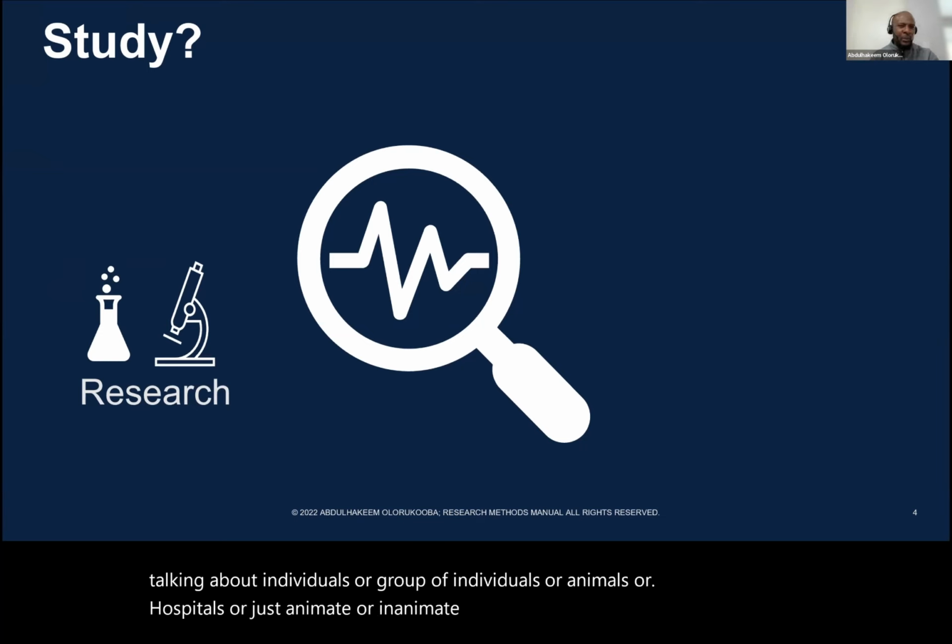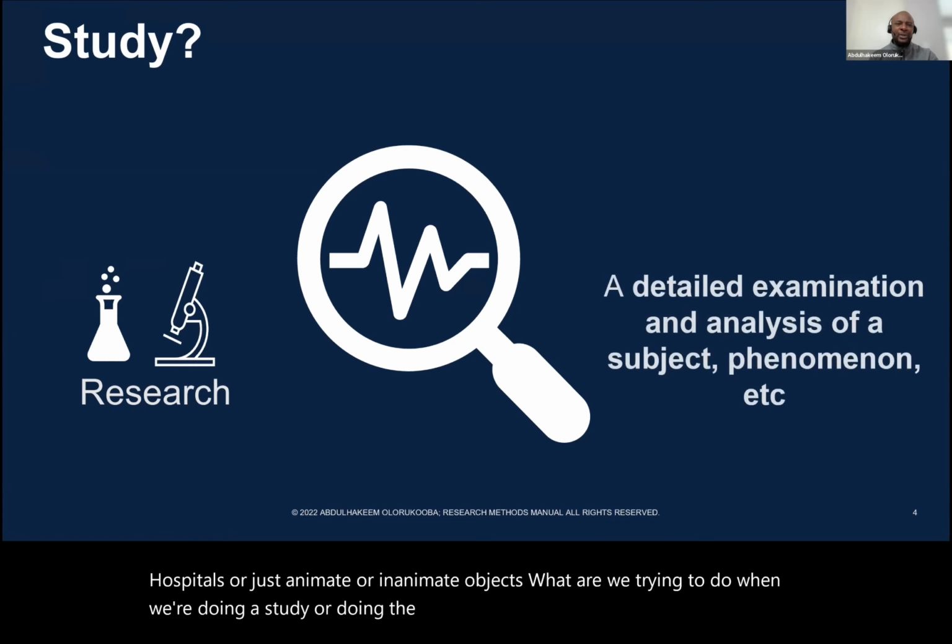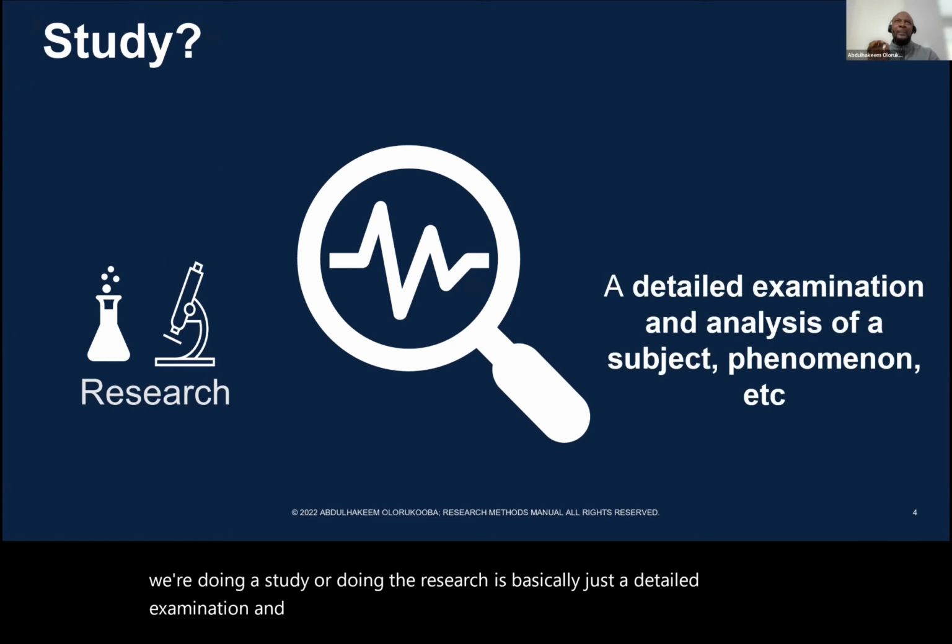What are we trying to do when we're doing a study or doing a research? It is basically a detailed examination and analysis of a particular subject or a particular phenomenon or a particular event or a particular state. Okay.